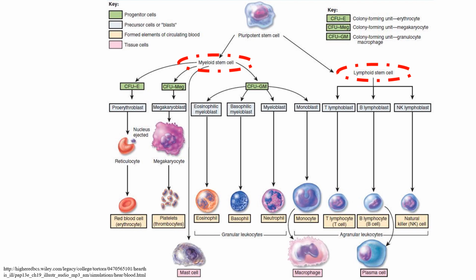The lymphoid stem cells produce the lymphocytes, the T lymphocytes and the B lymphocytes, and the natural killer cells, which we'll talk about in the next chapter, chapter 21.